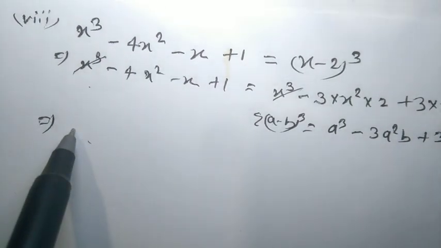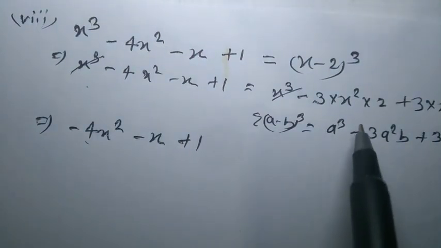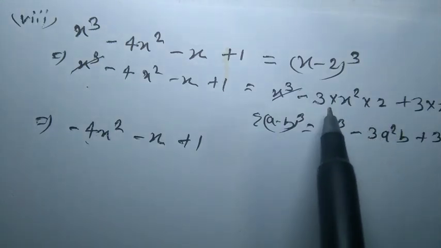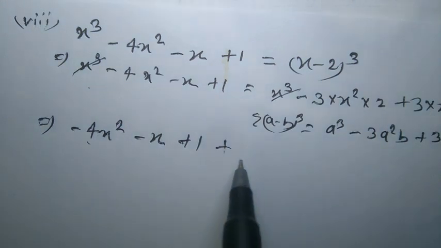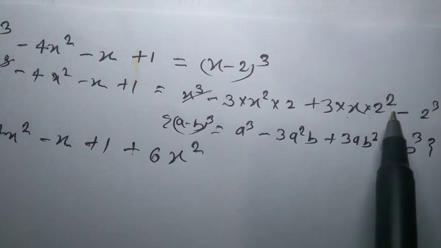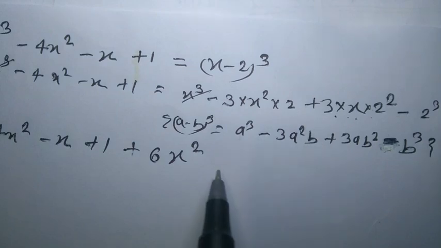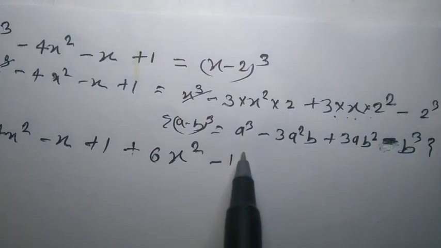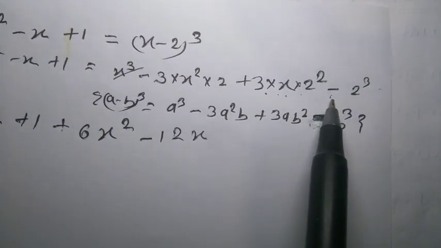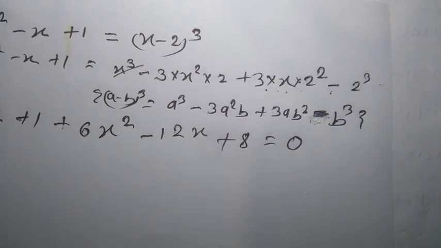Implies minus 4x square minus x plus 1, 3x square into 2 is equal to 6x square, so it goes to the other side, plus 6x square. Now 3x into 2 square, 2 square is 4, 4 times 3 is 12, 12x, then goes to the other side, minus 12x. 2 to the power 3 is 8, minus 8, so it goes to the other side, plus 8 is equal to 0.